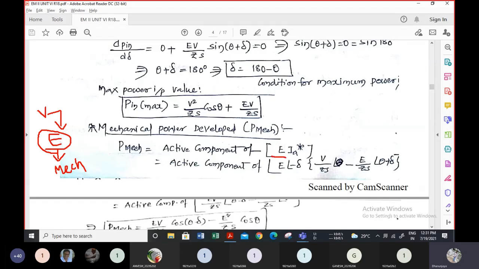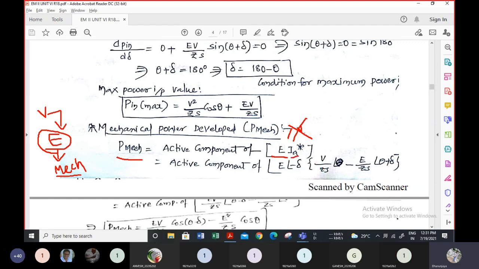That's the reason I'm using E here, not V. In the mechanical power case, I need to use E, because the terminal supply voltage is converted into generated EMF or back EMF, and this same energy can be converted into mechanical energy. That's the reason I'm using E into Ia conjugate.